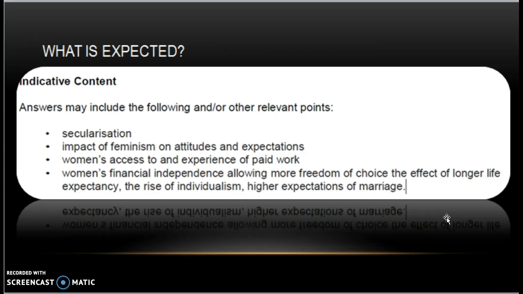It's hinting that you can link in a little bit of theory as well. Feminism and rising expectations of marriage was Fletcher, who was from a functionalist perspective, and individualisation is a postmodern viewpoint. So you can add in a little bit of theory, which is a really good idea when you are answering a question like this.